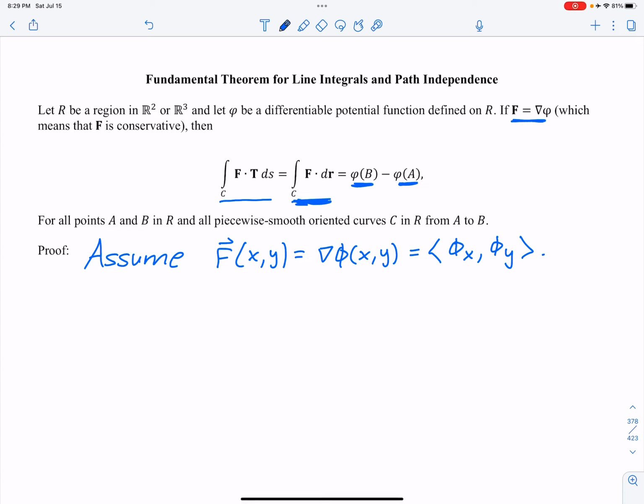That's how we would derive the gradient, right? Okay, so then the line integral over C of F dot dr is going to be, we can break this up using something from Calc 1. This is the chain rule, creating a dr dt times dt.